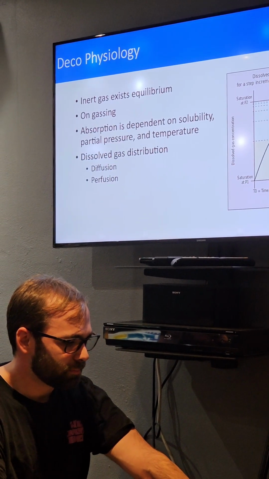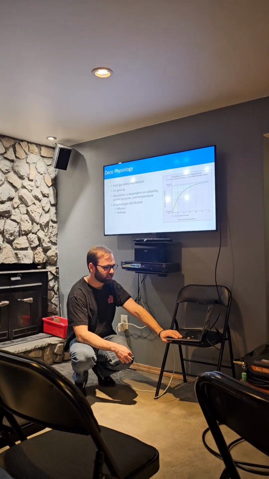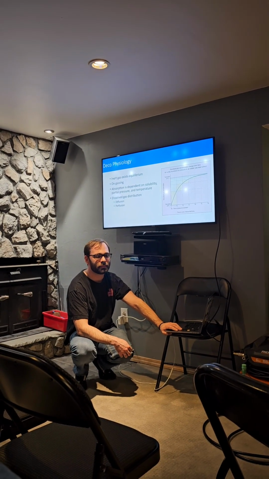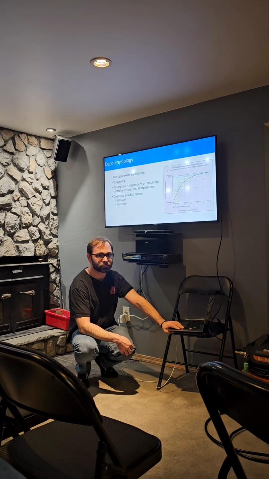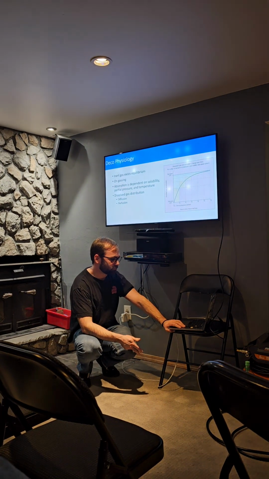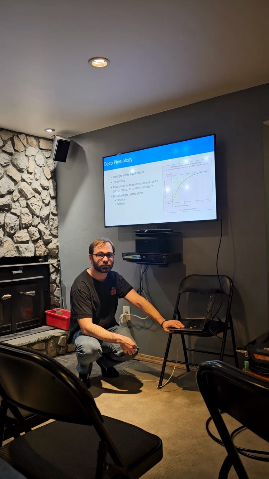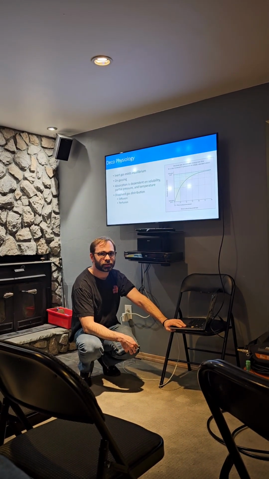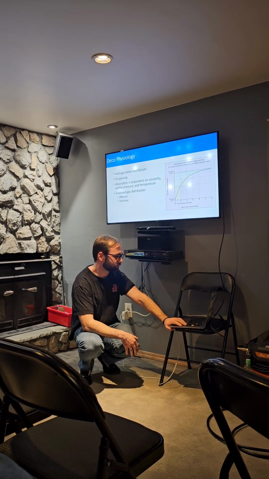It's basically dividing up tissues into different compartments based off of the rate of absorption and off-gassing of different gases. And it's governed by two mechanisms: diffusion, which is passive, and then perfusion, which is dissolved gases moved into that area or tissue compartment by blood and then diffused out of blood into tissue.